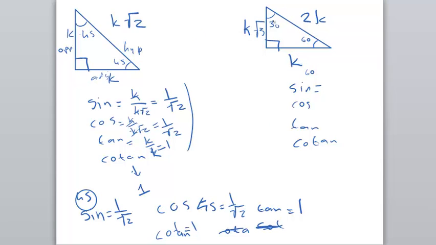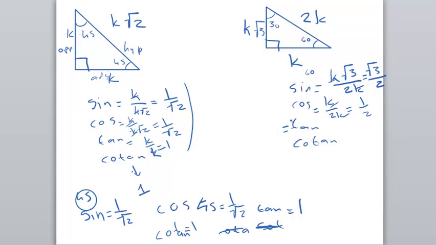For 60, sine is opposite over hypotenuse, which is k root 3 over 2k. So k and k cancel out, which leaves us root 3 over 2. And cosine 60 is equal to adjacent over hypotenuse, which means k over 2k, which is actually 1 over 2.